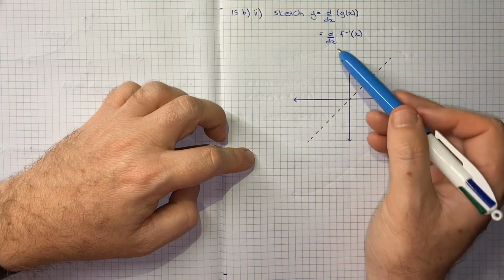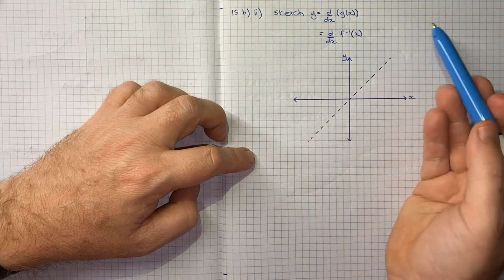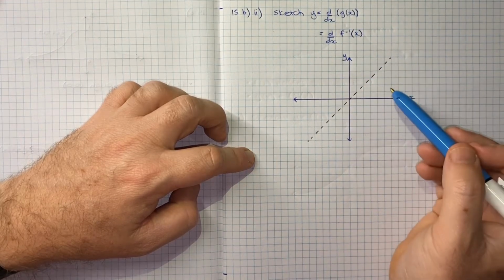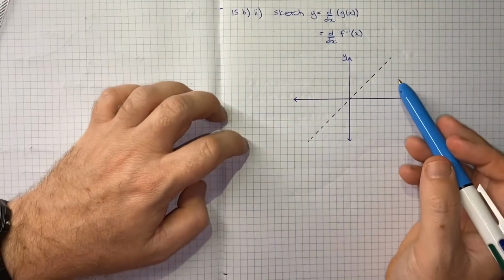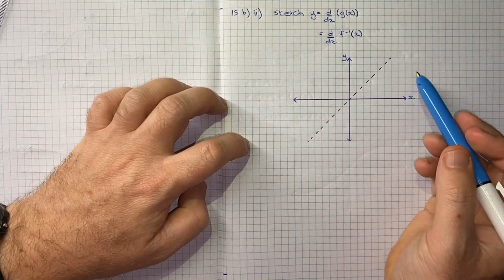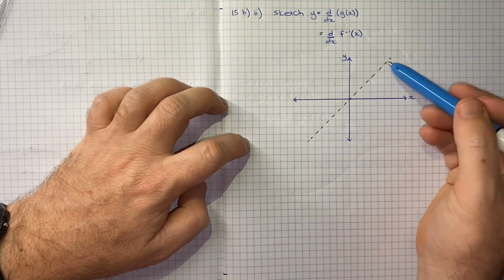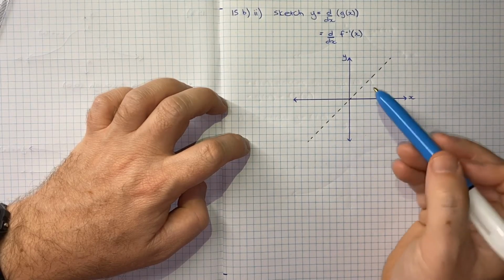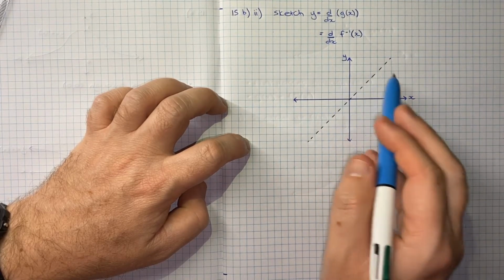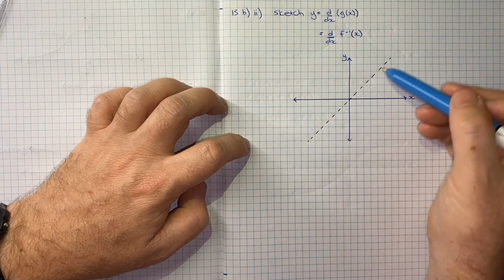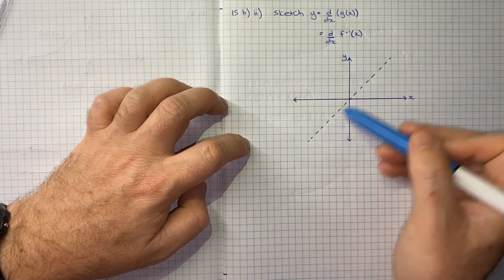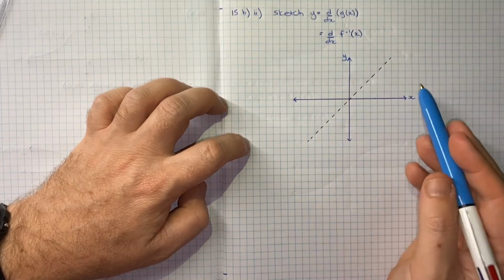So wherever in the original function you had an x, you'd put a y, and wherever you had a y, you'd put an x, and then you do your rearranging to find the inverse. But in terms of charting, one way you can think about it is you're reflecting the curve about this line y is equal to x. That's a graphical way you can think about the inverse function.